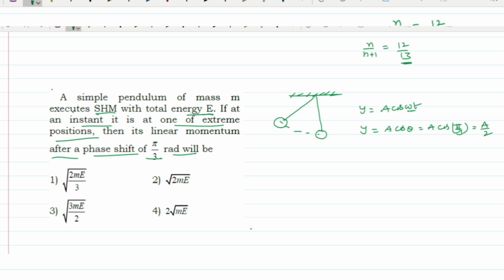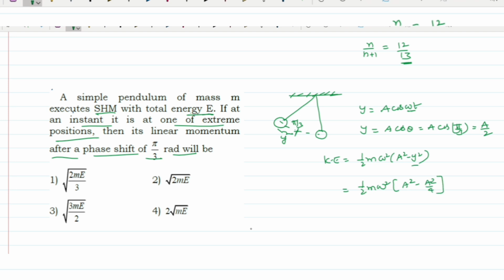Now for the linear momentum, first find the kinetic energy of the particle. Suppose the displacement is y, and at this point the phase is pi by 3 radians. Kinetic energy is half m omega square into (a square minus y square), which equals half m omega square into (a square minus a square by 4).